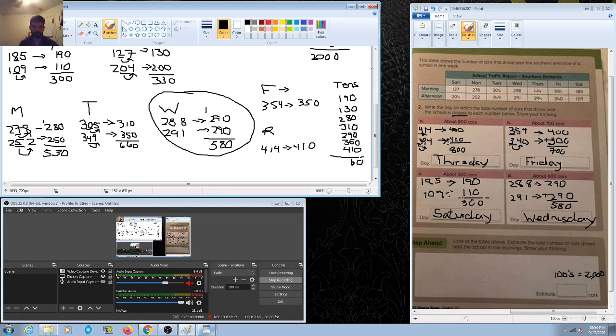I'm going to double check my math here in just a moment, but 3 plus 1 is 4, plus 1 is 5, plus 2 is 7, plus 3 is 10, plus 2 is 12, plus 3 is 15, plus 4 is 19. I just want to make sure I did that correctly.